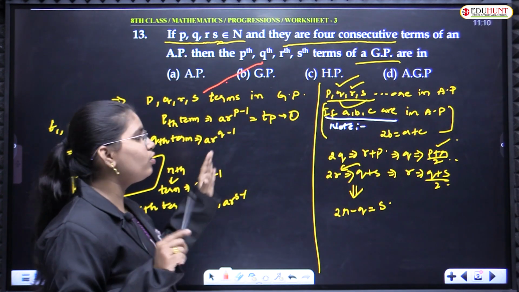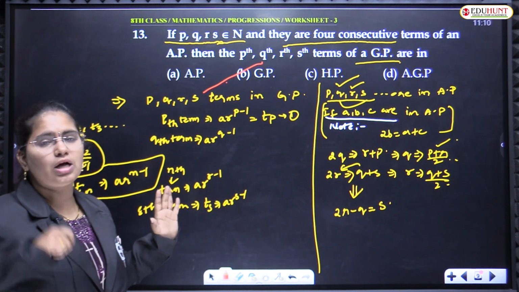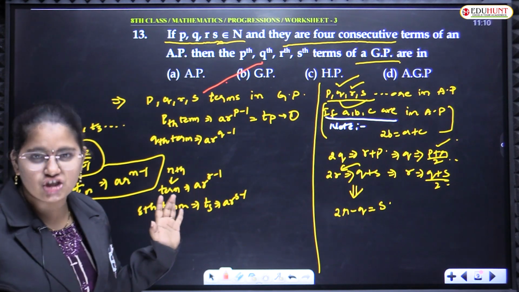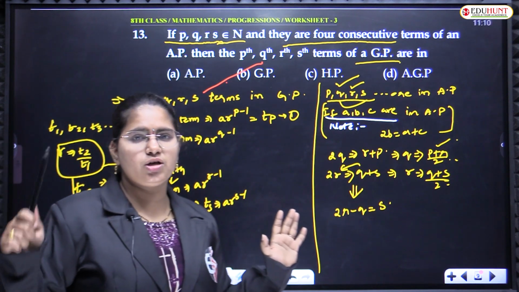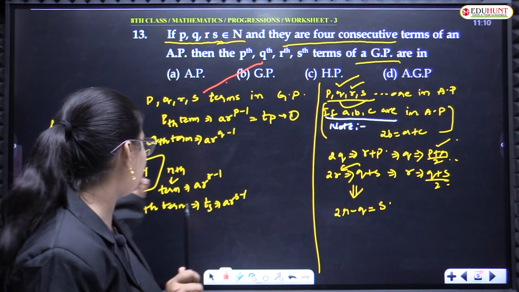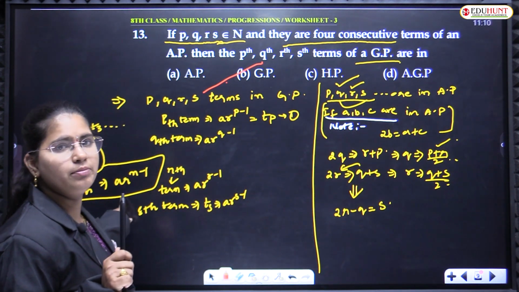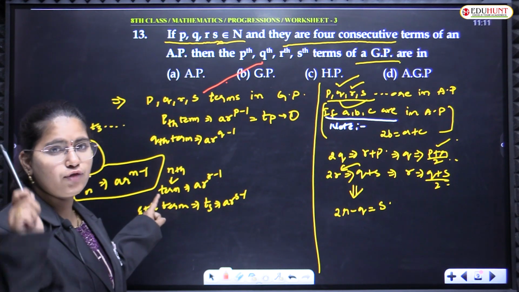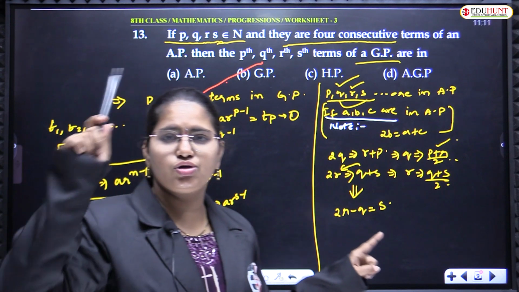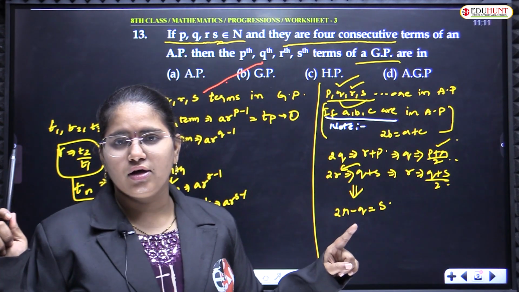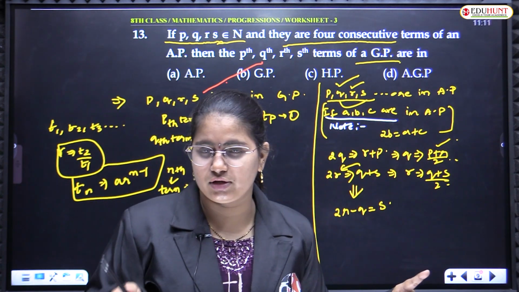So also we have, if the Pth, Qth, Rth and Sth terms are in GP, how are you going to express them? The nth term in GP is expressed as Tn is equal to AR to the power of n minus 1. If you are watching this video for the first time, I request you to go and watch my videos first, and then only come back to this video.